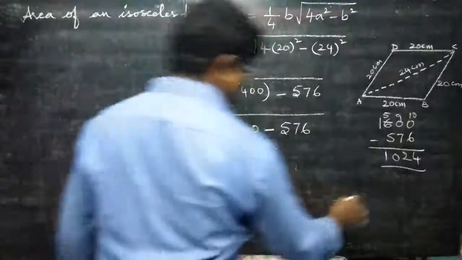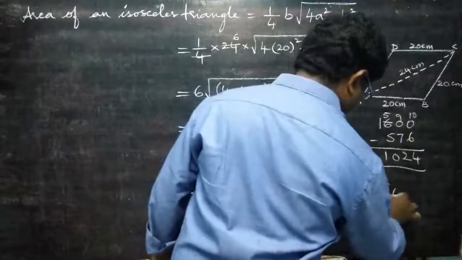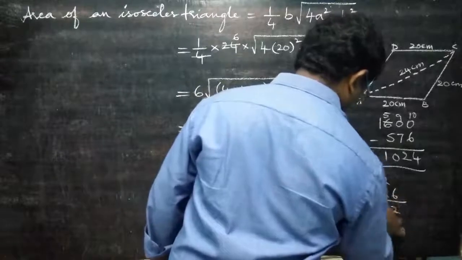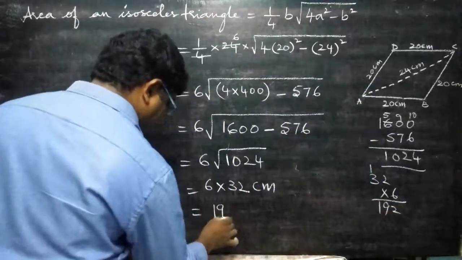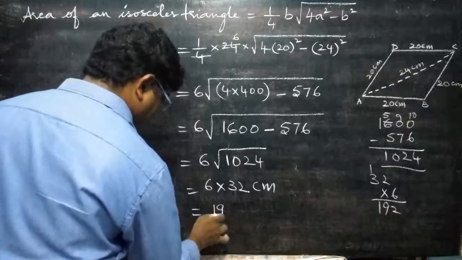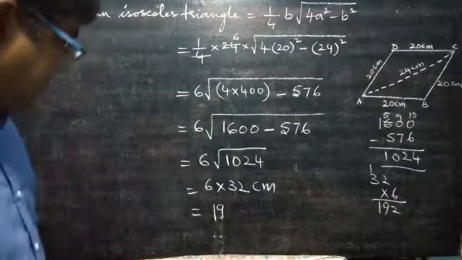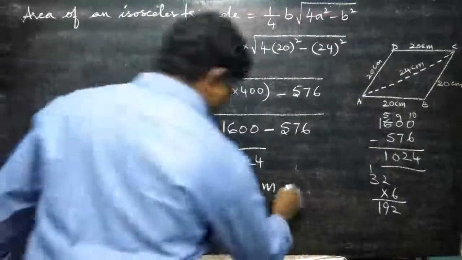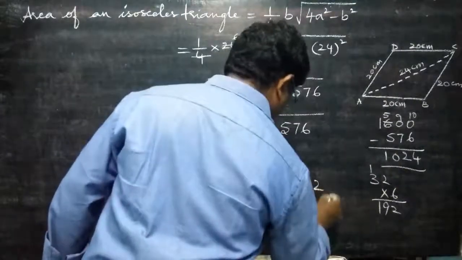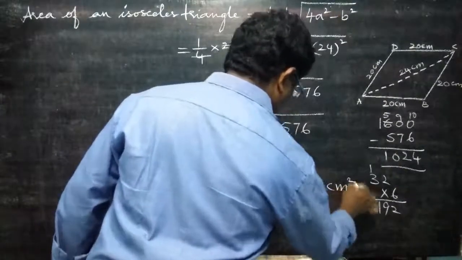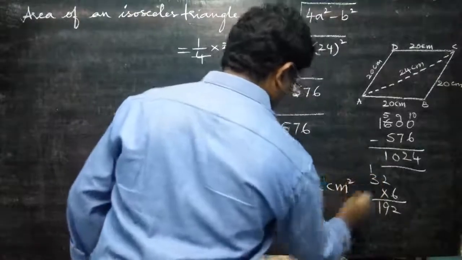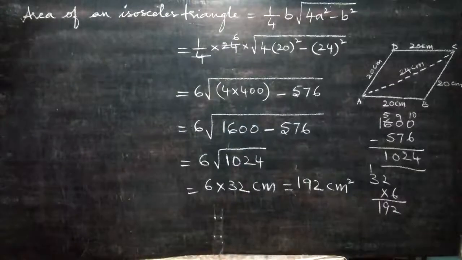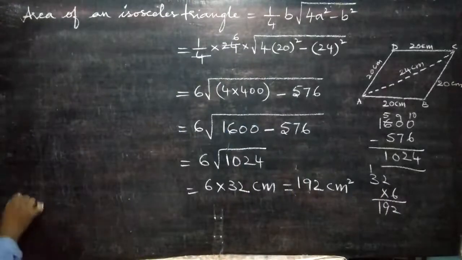With the 6 you multiply 32. 32 into 6, we got 192. Write clearly. 192 centimeters square. Now they are asking to find area of the rhombus.